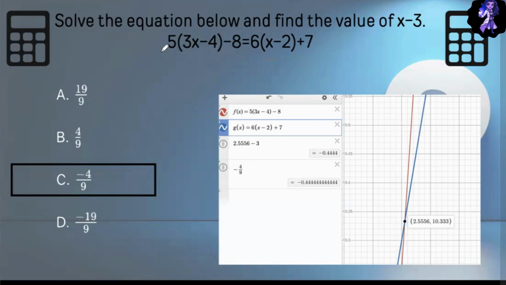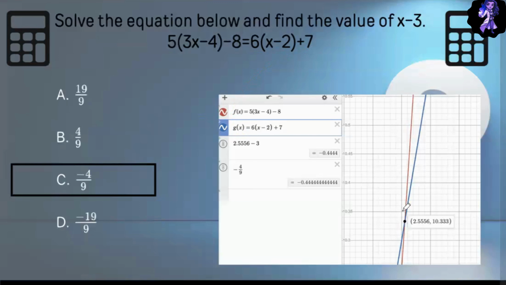So what I mean by that is we could say that this is one equation and set it up so it's y equals, or in this case f of x equals, the equation listed on the left-hand side. In the same way, we can hit enter and type in the second equation, which is the equation on the right-hand side, and set it y equals to then see where the point of intersection is, where x is equal in both equations.